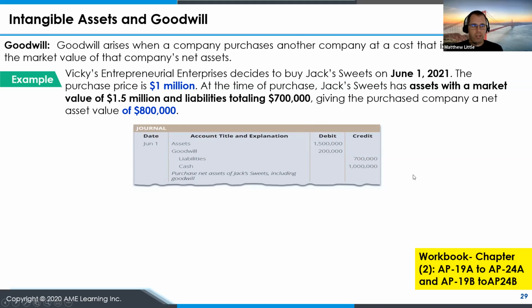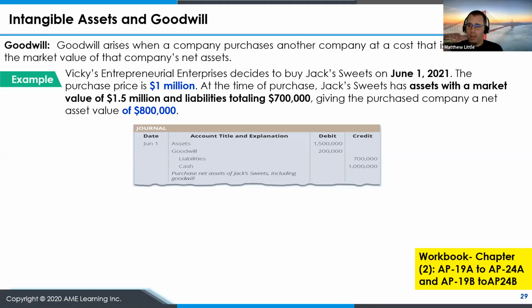We would record the credit to cash that we paid them $1 million. And again, to balance this transaction, we paid them $200,000 in quote unquote goodwill, which exceeded the value of the net assets. So we would have a debit to goodwill for $200,000. And that goodwill would not be amortized.